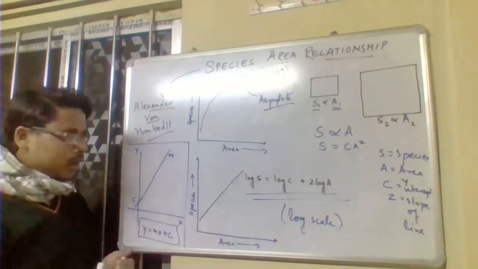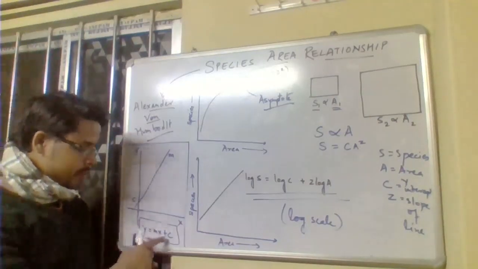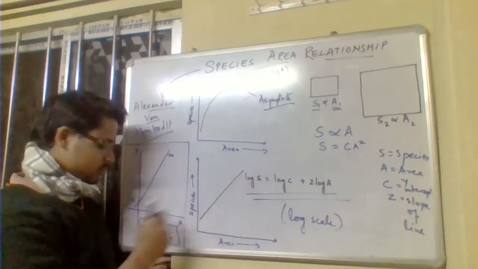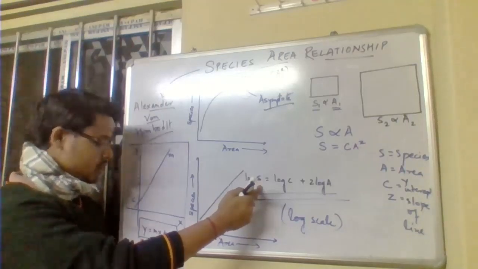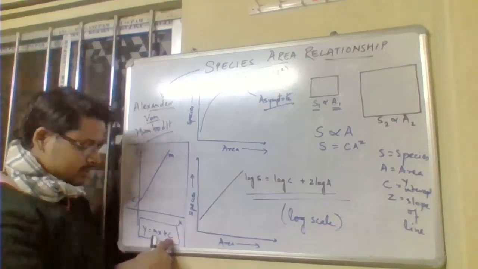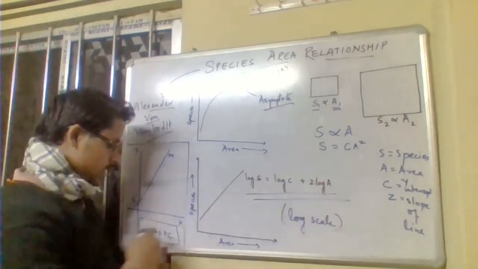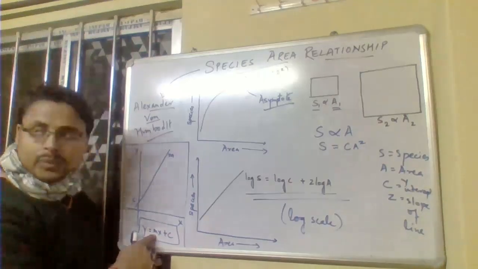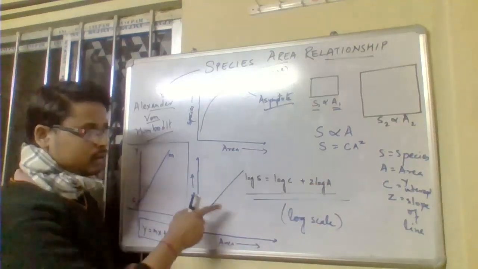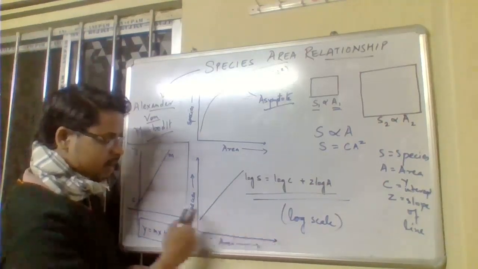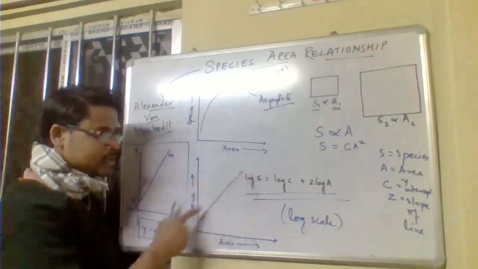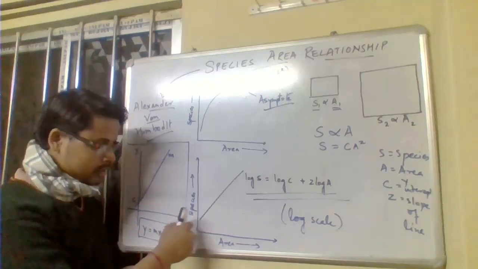Now if you see clearly, y = mx + c. So log S is y, log C is c, and z is referring to m, the slope of the line, that I have already told you, and x is the area. This is x, area, and this is y, species. The slope of the line is z, and c is the intercept.